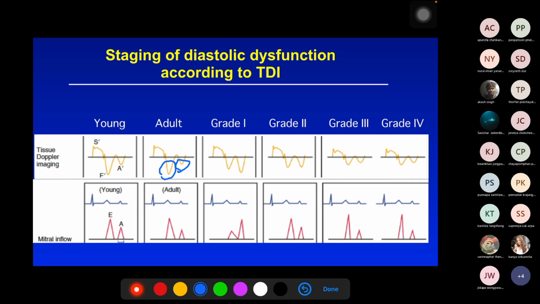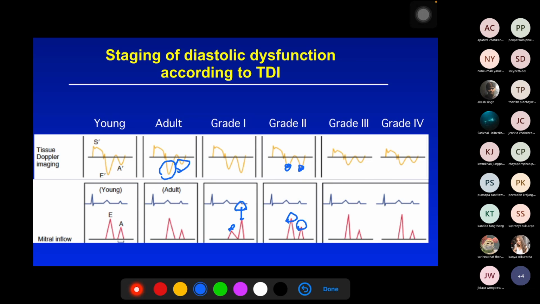It's similar to the MV inflow, E decreased and A increased. In grade 2, E is increased again and A is decreased. But in the tissue Doppler imaging, E prime and A prime are also decreased.